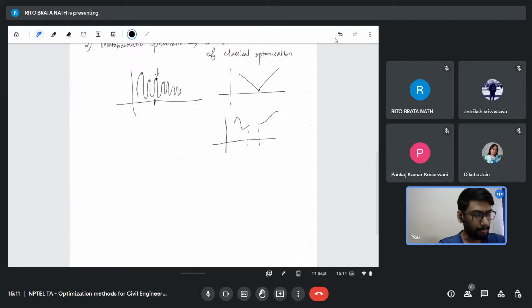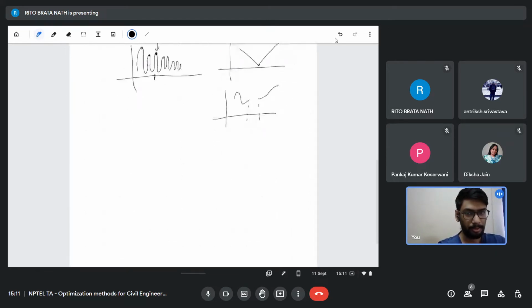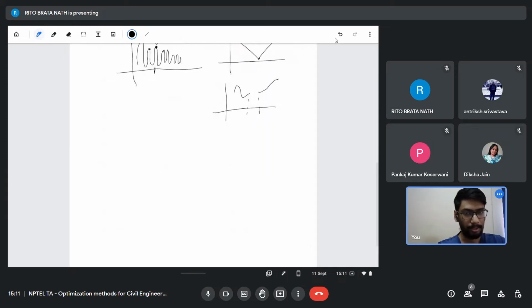Okay, so to get into more specifics of the genetic algorithm, I think Sir has already discussed the foundations of genetic algorithm, like survival of the fittest, the relationships with biological sciences, and Darwin's principle and everything.